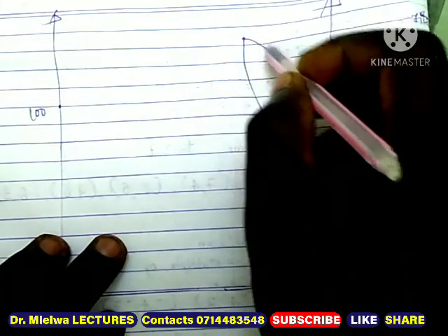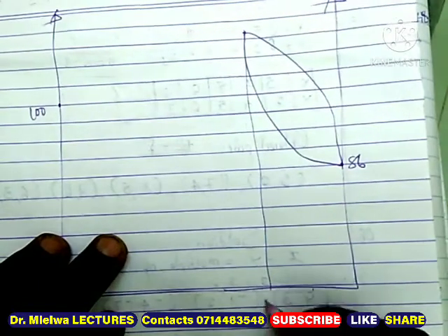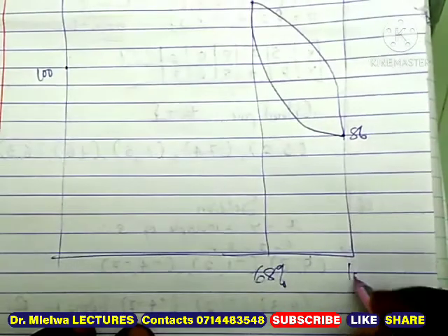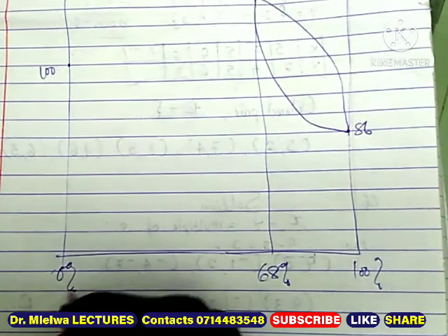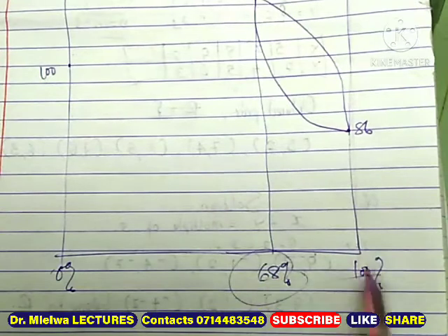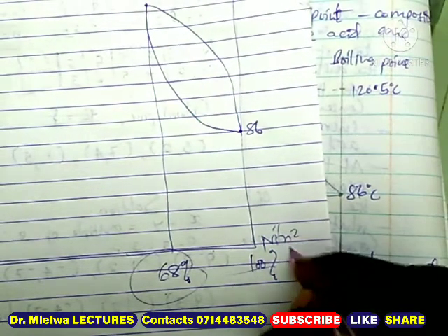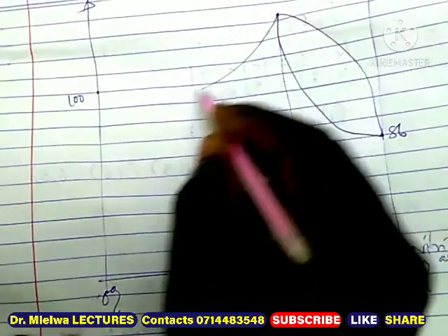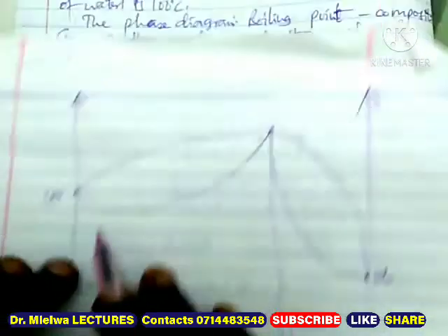Let's say here is our 68%, 100%, and then 0%. Hii inayolalia kulia near the nitric acid inaonyesha ukweli zaidi. So hiyo inatakiwa iwe hivyo, inaenda mpaka kwenye water.